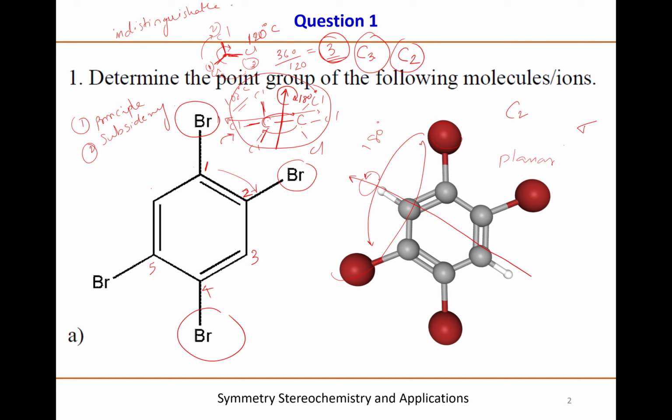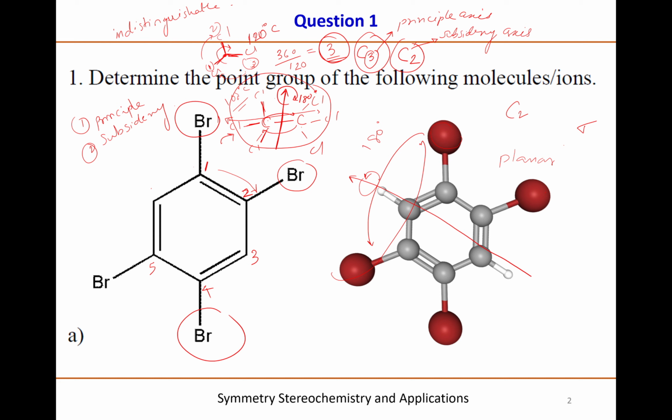Now we got two different axes from this molecule. The axis with the more number of folds we will call the principal axis. Here, because C2 is 2, which is less than 3, that's why it is the subsidiary axis, a smaller axis we can say.